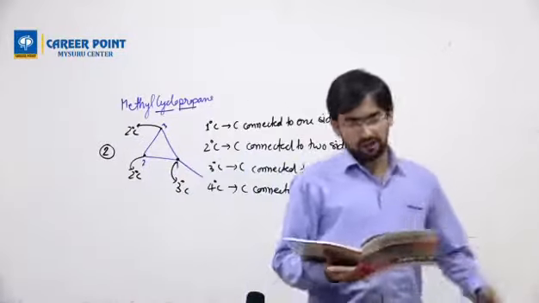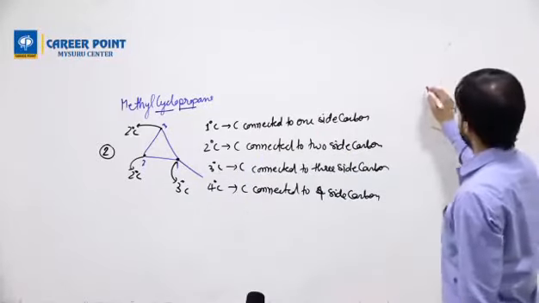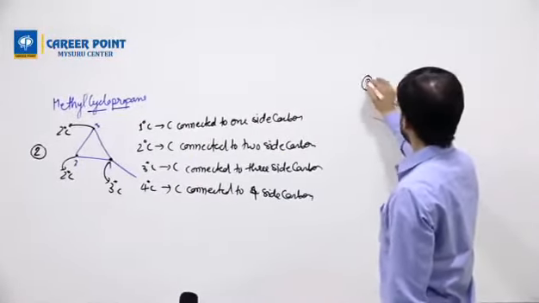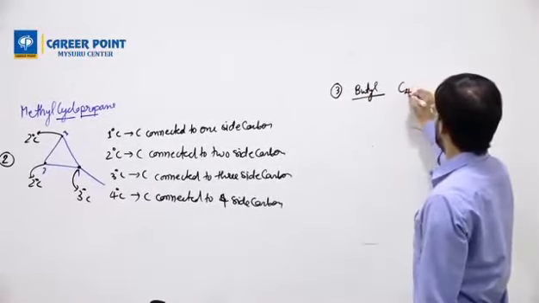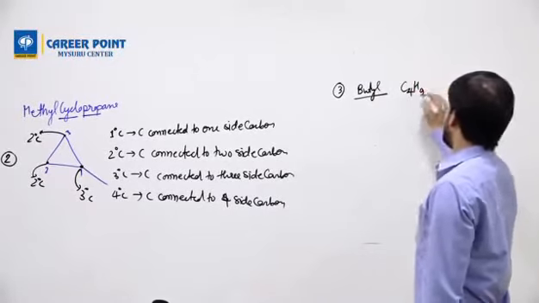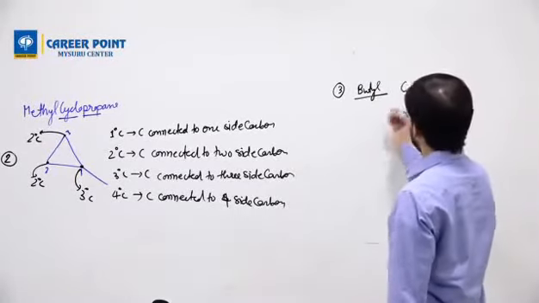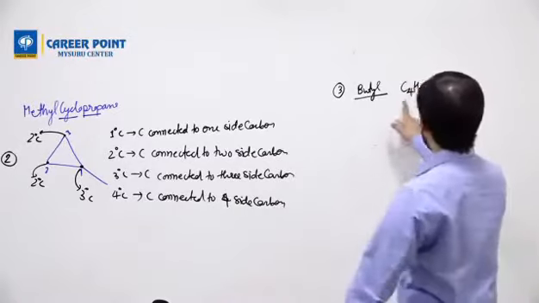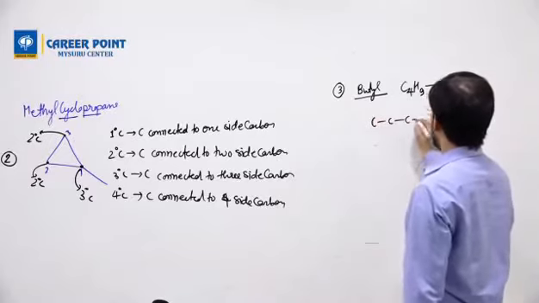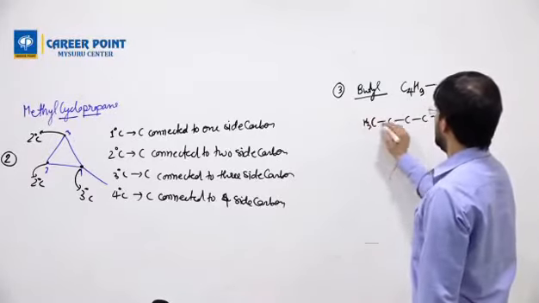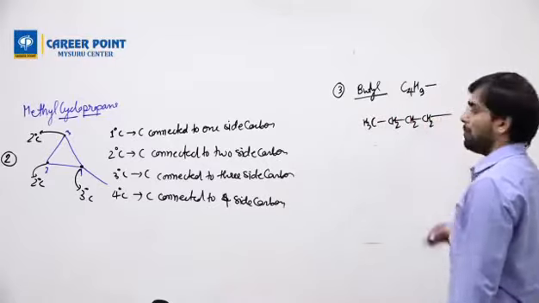Question number 3. Butyl shows type of alkyl groups. Now butyl is C4H9. So how can you draw the butyl group? How many times can you arrange this? You can do it this way: CH3, CH2, CH2, CH2 with open valency.